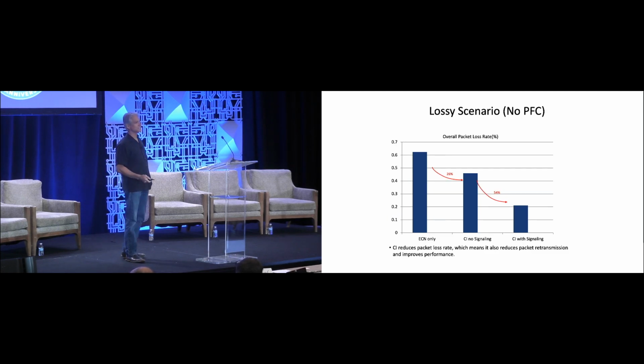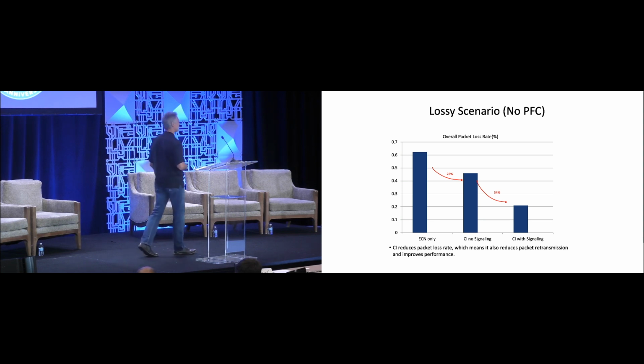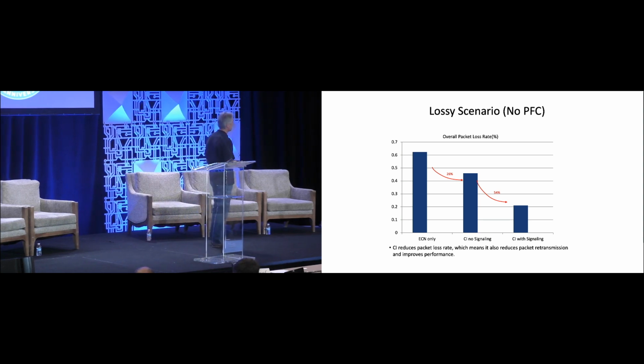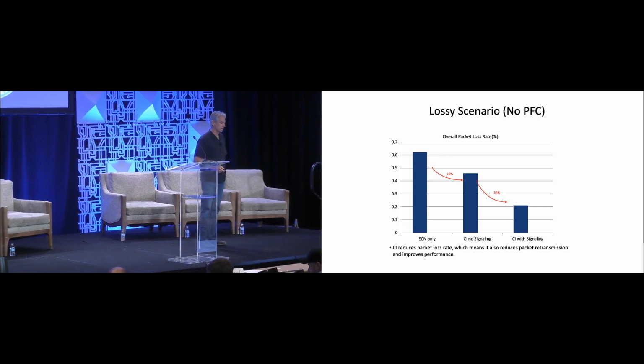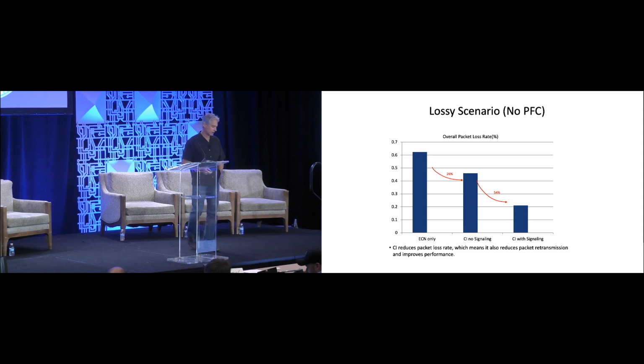In the lossy scenario, we're not doing priority-based flow control here, so we can have packet drops. The goal here was to see how we improve packet loss ratios in general. And then we also compared doing this with signaling your neighbor and without signaling your neighbor. So in the case of having just a regular IP network and doing congestion isolation locally in the switch and not telling anybody about it, we still get a 25% gain.